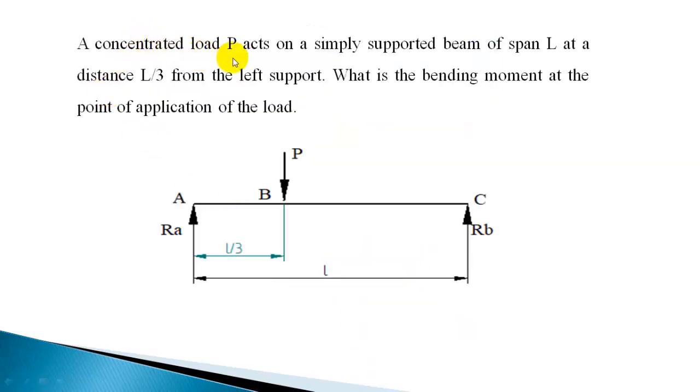A concentrated load P acts on a simply supported beam of span L at a distance L by 3 from the left support. What is the bending moment at the point of application of the load? Now on a simply supported beam, when a point load acts, the reaction at a support is proportional to the distance between that load and the other support.